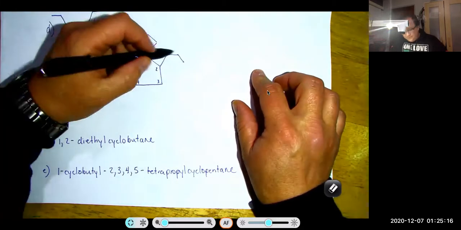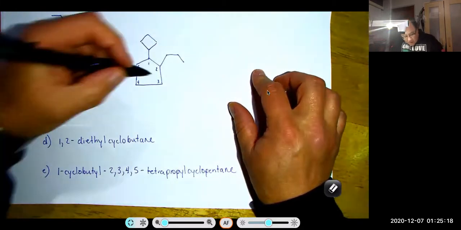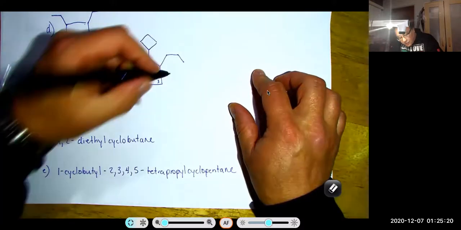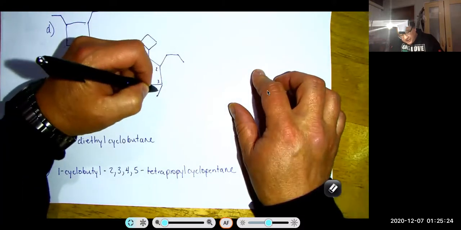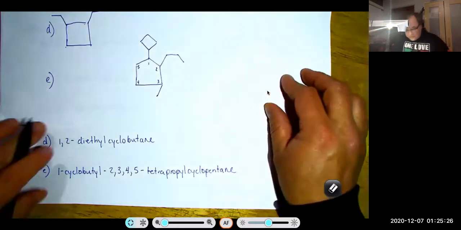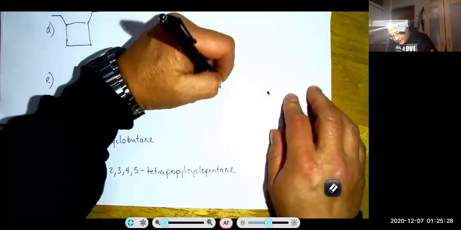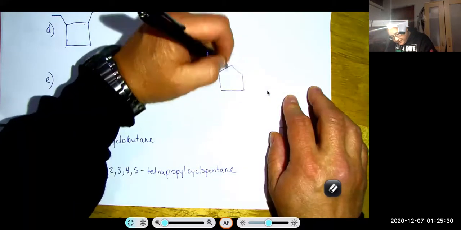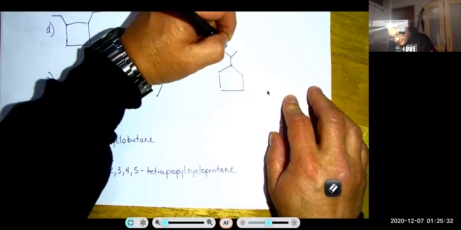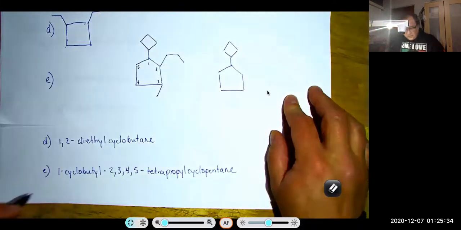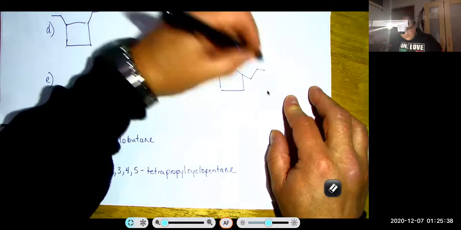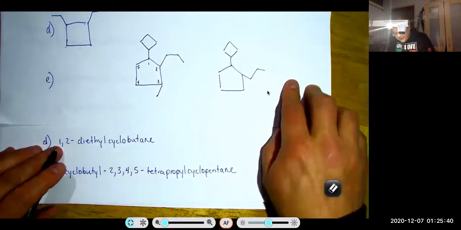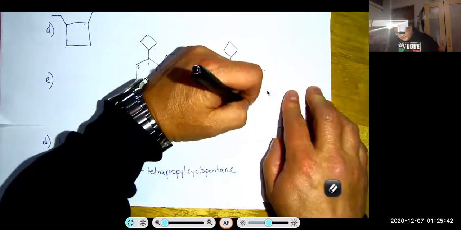One, two, three. Carbon number 3, I have another propyl. So I'm going to do this. Let's see, I'm going to start this one over because I want to make this look kind of neat. So we're going to do this 3-carbon unit. And here I'm going to do this.